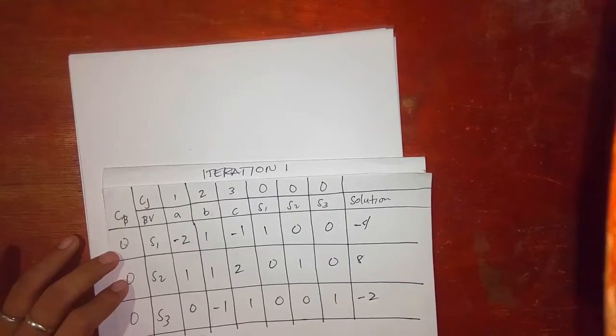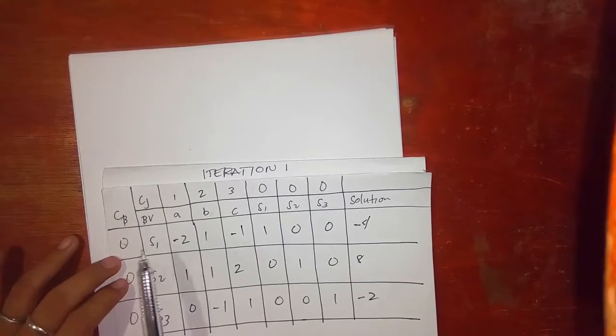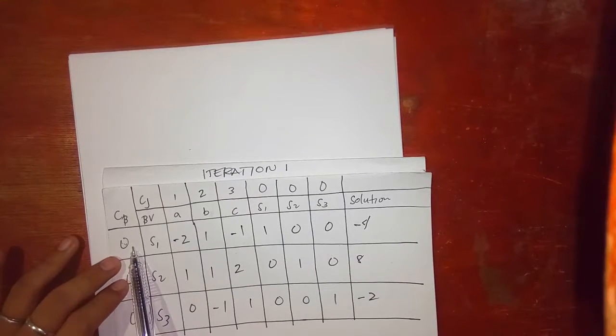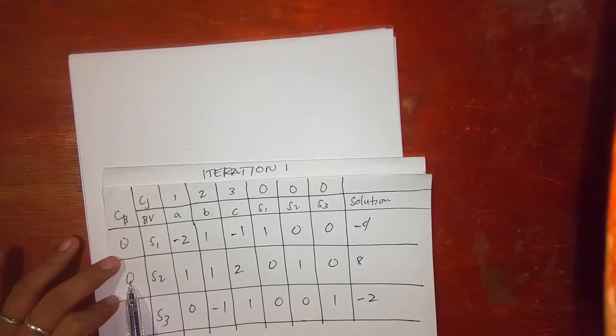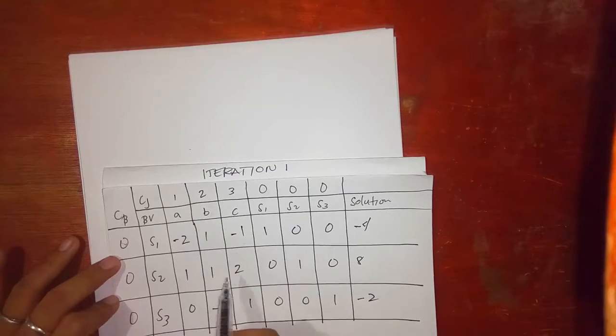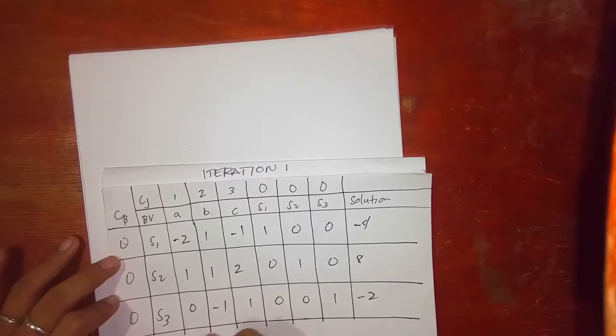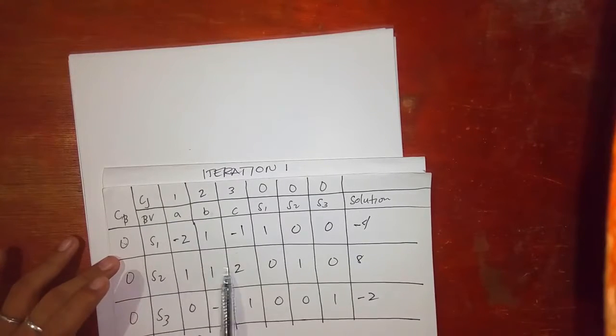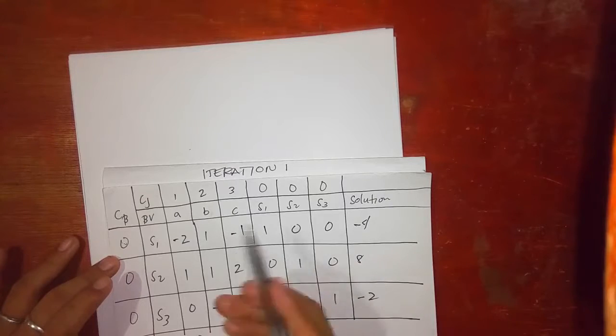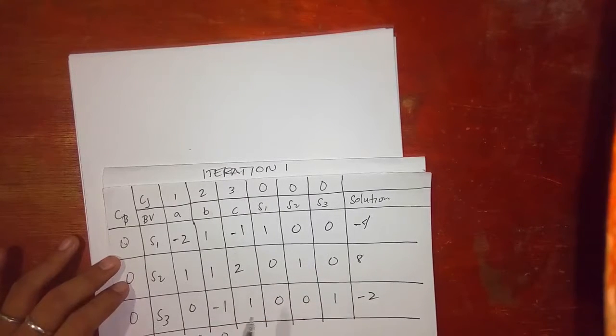Now let's compute the Zj. Zj is 0 into negative 2 plus 0 into 1 plus 0 into 0, equal to 0. So continue, 0 into 1, 0 into 1, 0 into 1, and then you just add. The answer is 0.